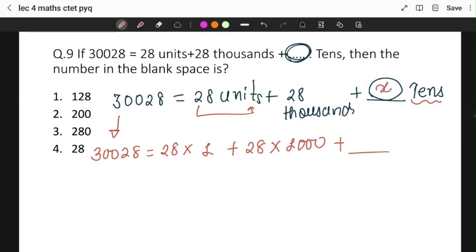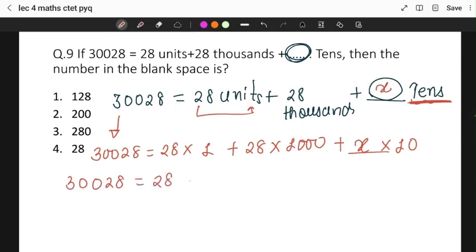But no, we have to find the value of x into 10. Why? Because they are talking about tens, not the units. If they were talking about the units, that is dash units, it means simply we had to find the value of x into 1. But here they are talking about x tens, it means they are talking about the value of x into 10.